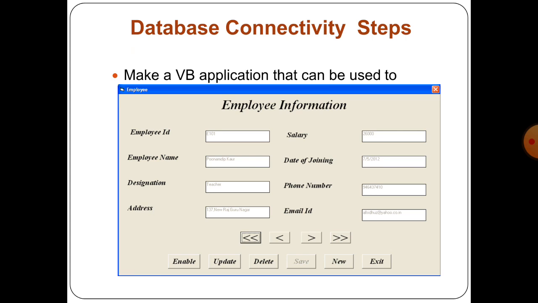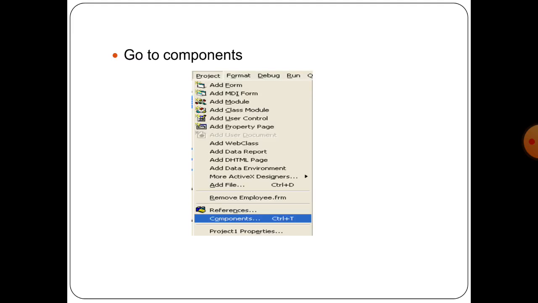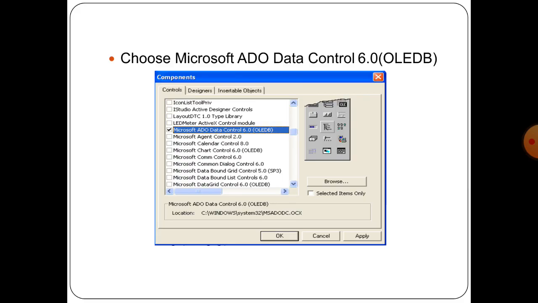So this is about the connectivity steps. The first step is to open the particular VB application. Next, go to the components. In the project menu, we will have the components. Select the components.